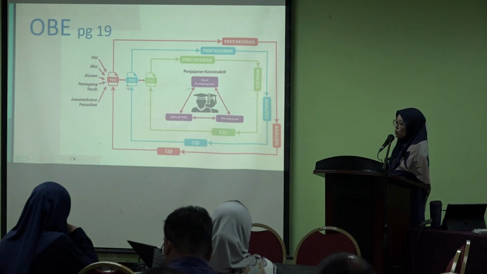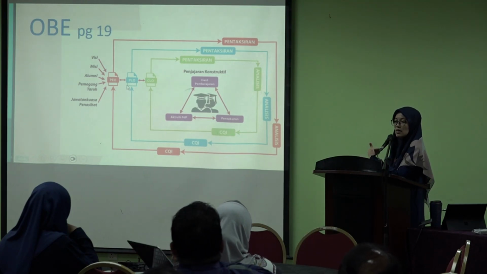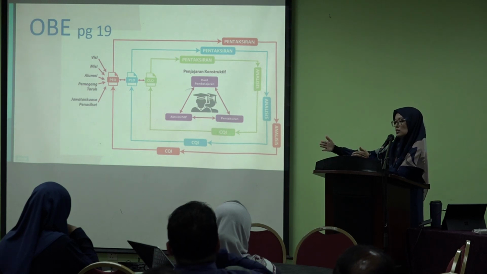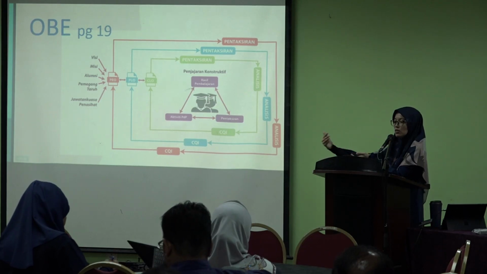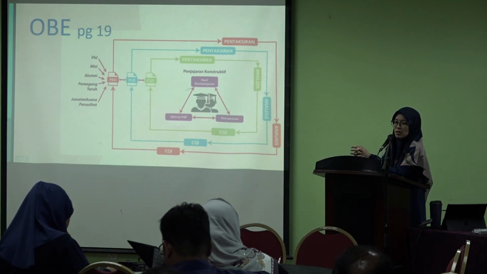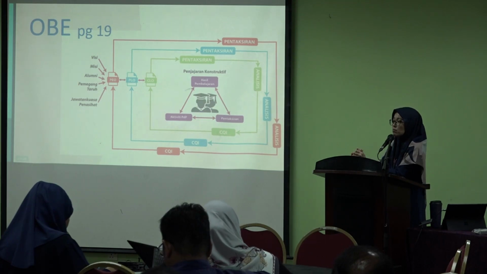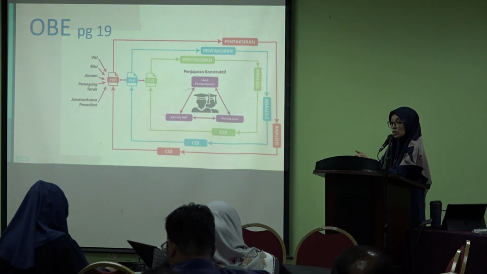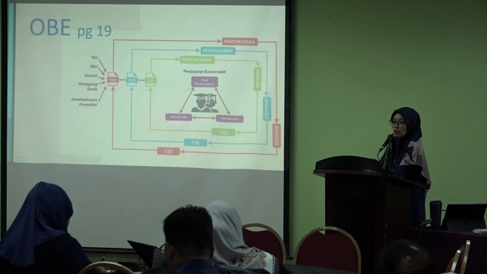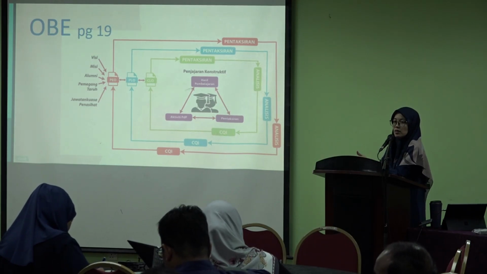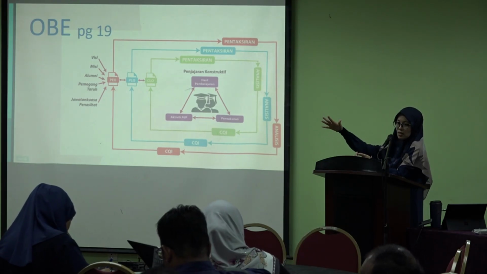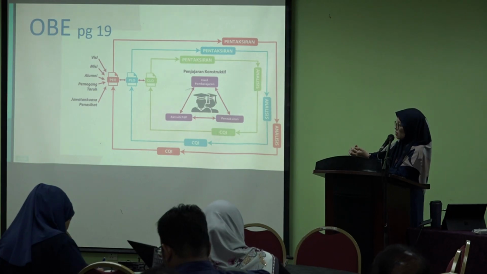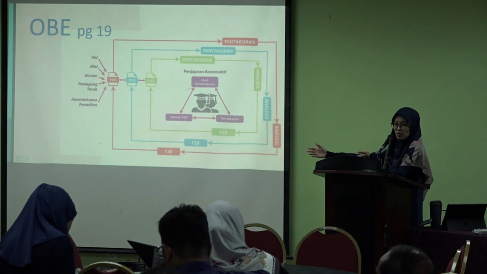PLO is for the cohort, for example those who entered in 2020. So in 2024, you must have a report for that cohort of 2020. Once they graduate, you should be able to tell whether or not you have achieved your program learning outcome. PEO is 3 to 5 years. You send a survey to your alumni who graduated 3 to 5 years ago, they answer the survey, and then you can measure whether your program achieved its PEO or not.